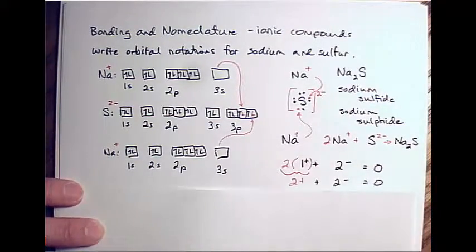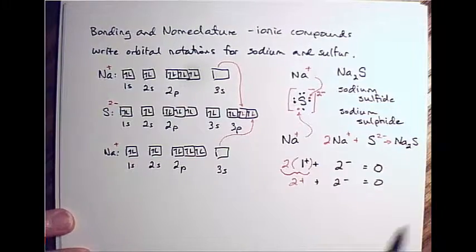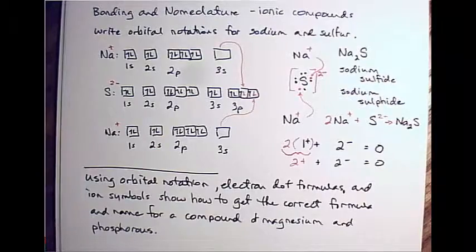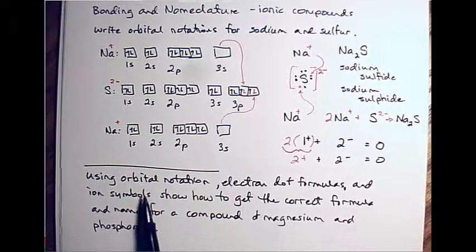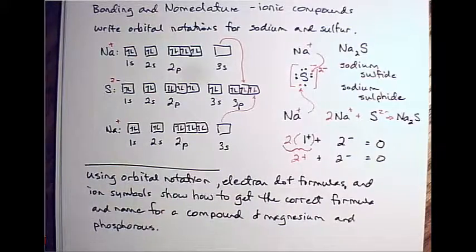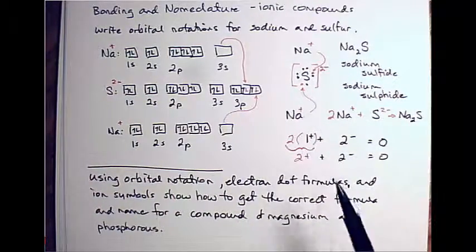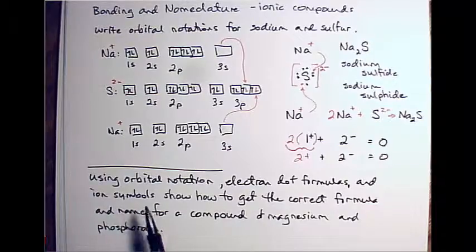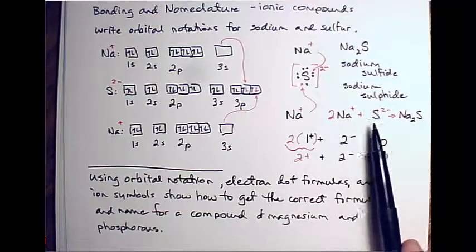Let's give you guys a chance to try one out now. So I want you guys to do this problem. Okay? So you're going to be using orbital notation like this, electron dot formulas like this, and then finally using the ion symbols, and these are ion symbols right here. Okay?